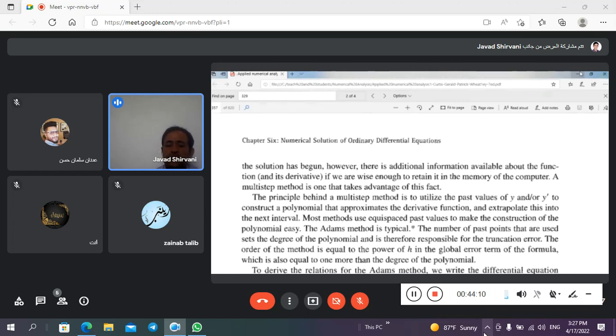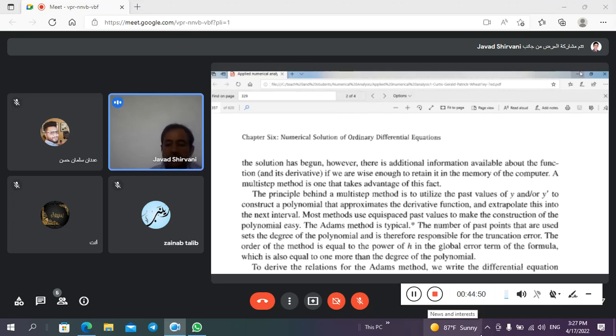The principle behind the multi-step approach is to utilize the past values of y and its derivative, for example y prime, to construct or interpolate a polynomial that approximates the derivative function. We can also extrapolate or predict the value of the function in the next step based on the previous steps, not just the last one.